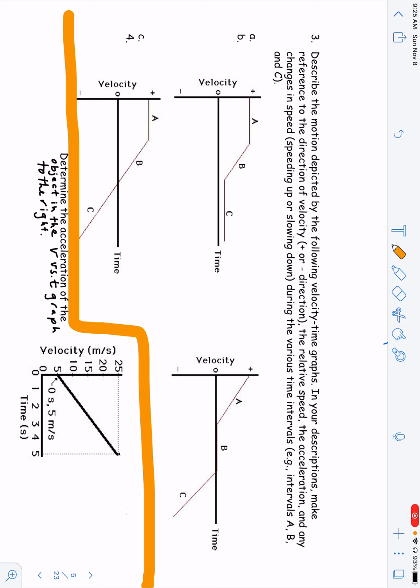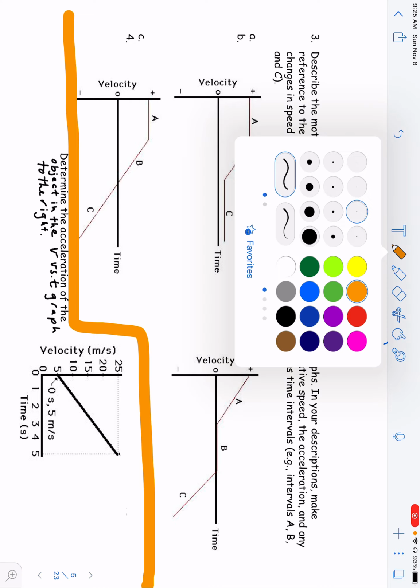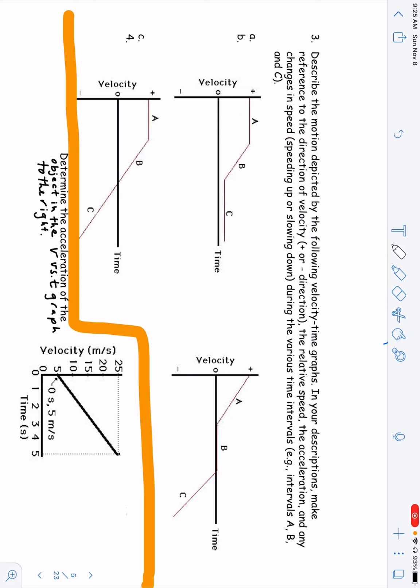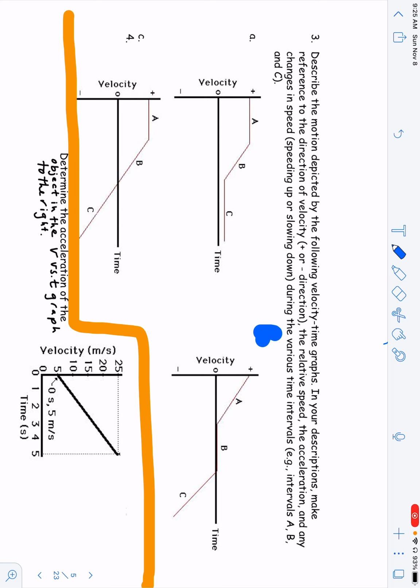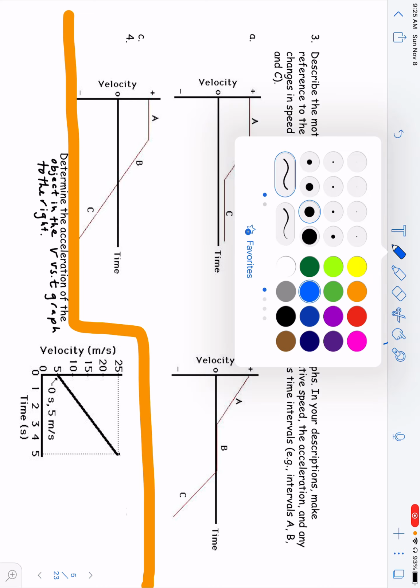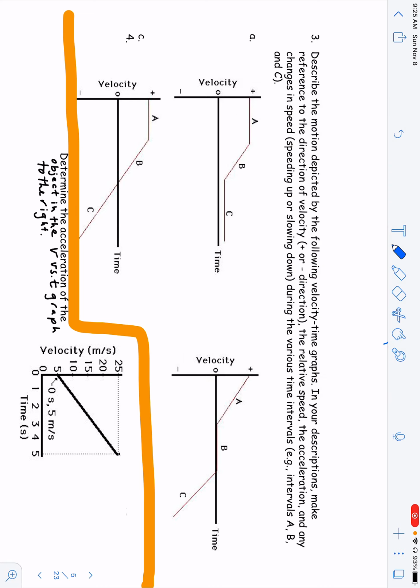Let me erase this part right here. This one is B right here. My format got mixed up a little bit when I put it into Notability. It's number 4.